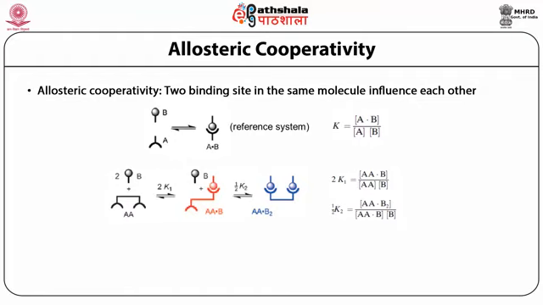In the first step the association constant is 2K1, where the 2 comes from the degeneracy of the state because you have two binding sites available.